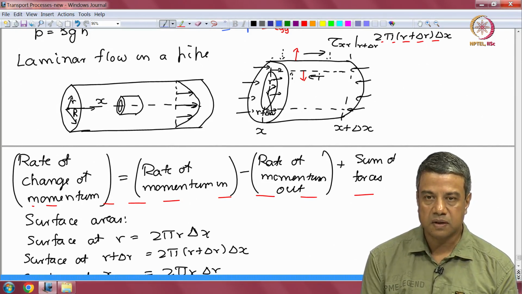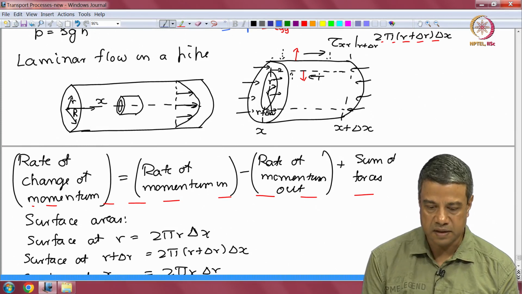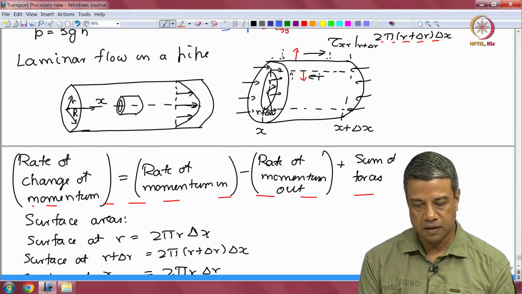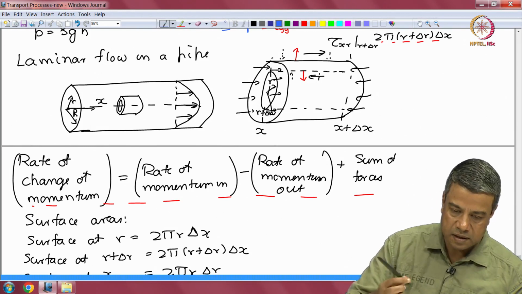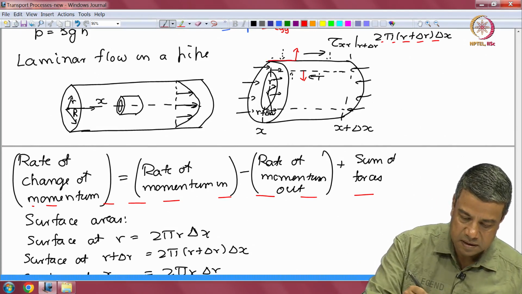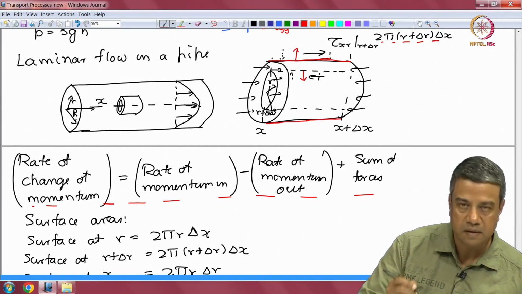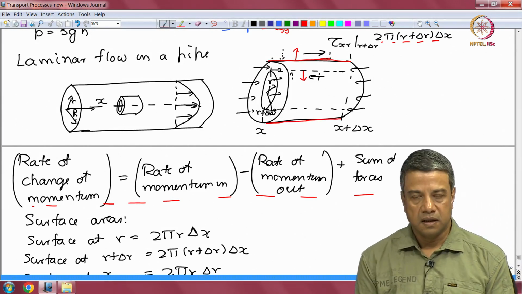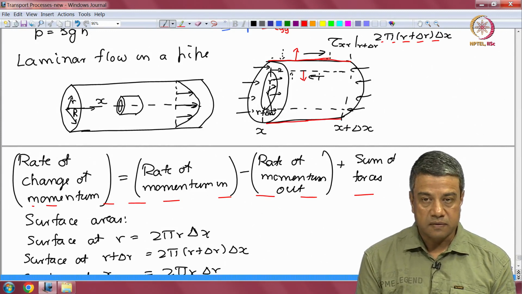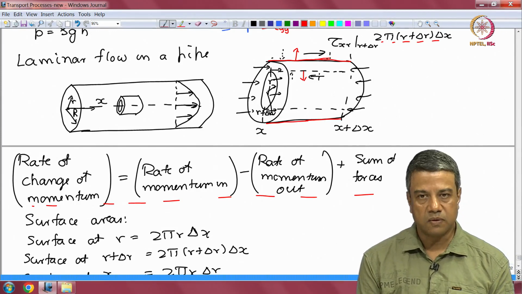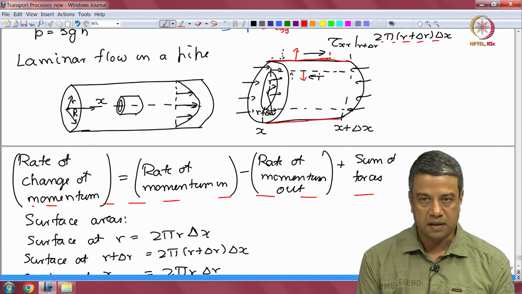It is important to note the direction of the forces in this case. So, at the cylindrical surface at r plus delta r, tau x r is the force per unit area in the x direction acting at a surface whose outward unit normal is in the r direction.